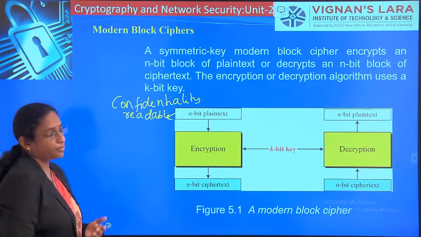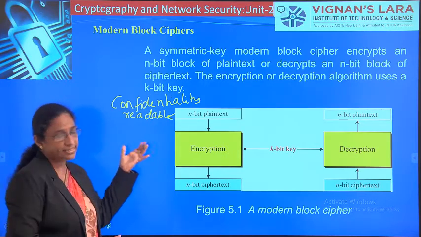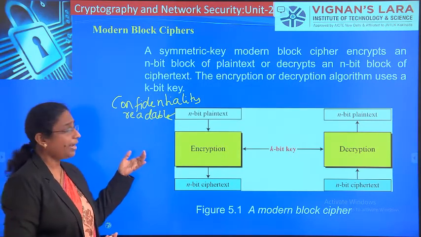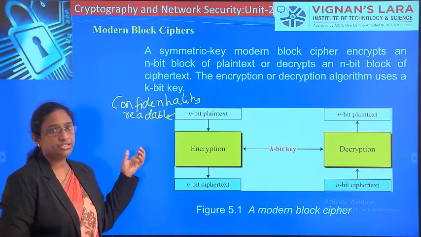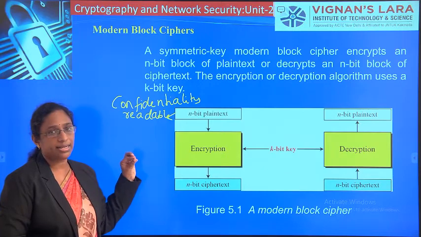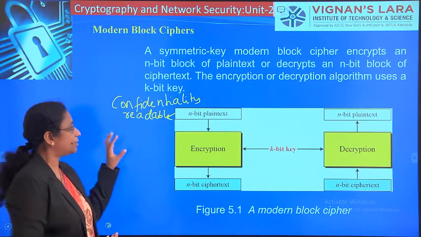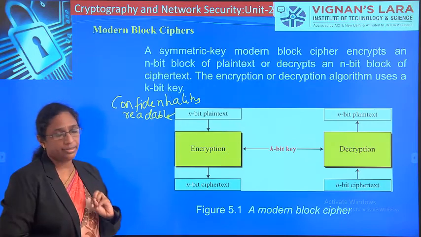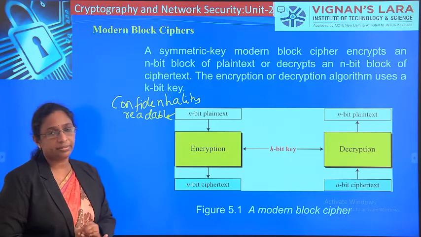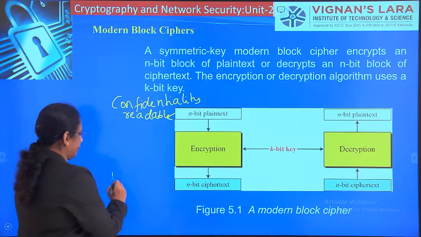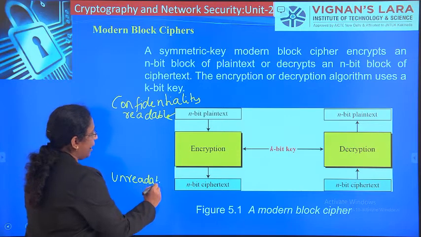To provide this confidentiality, we have to hide this readable message. To hide that readable message, we have algorithms called encryption algorithms and decryption algorithms. By using those encryption algorithms, we can convert the readable message into unreadable form.